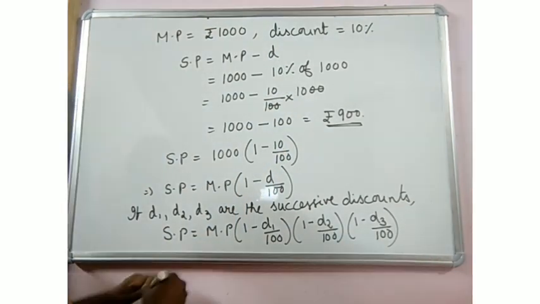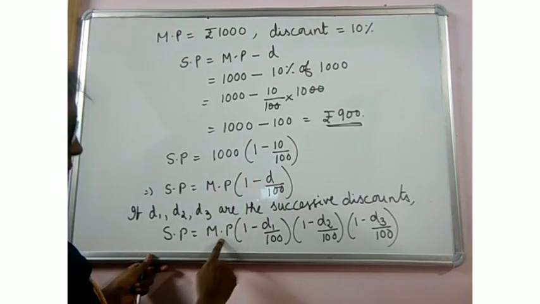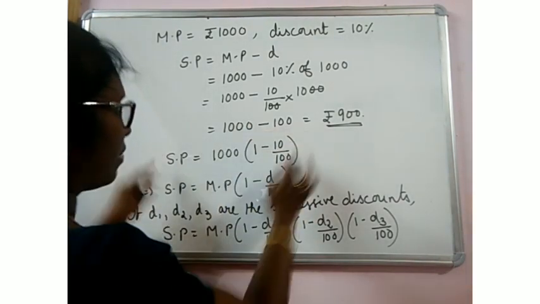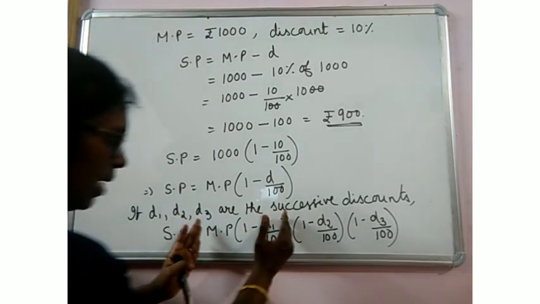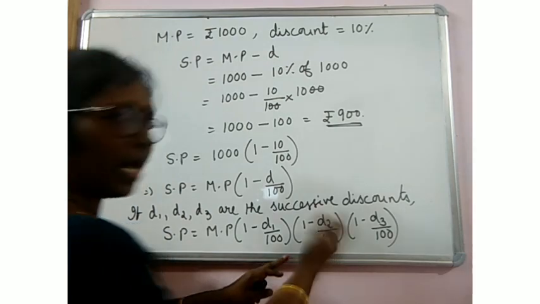How did we get it? You see, when we did 1000 into 1 minus 10 by 100, we got 900. That means SP after the first discount is 900, and then into 1 minus D2 by 100 for the second discount.